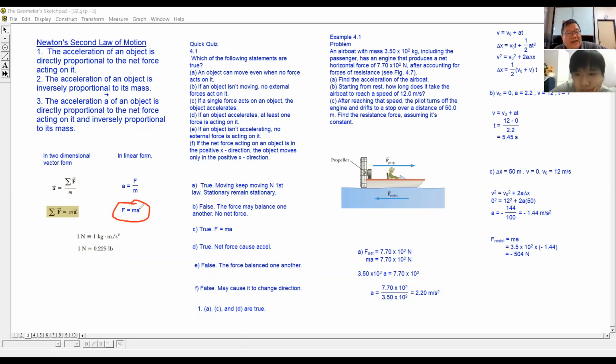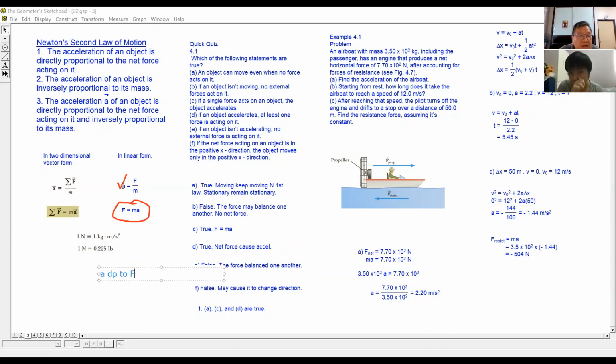So when you make the acceleration the subject of the formula, the acceleration is the net force divided by the mass. So we say that the acceleration is directly proportional to the net force.